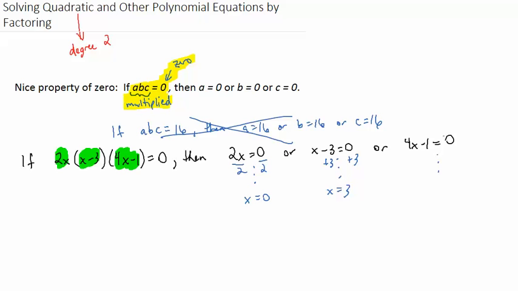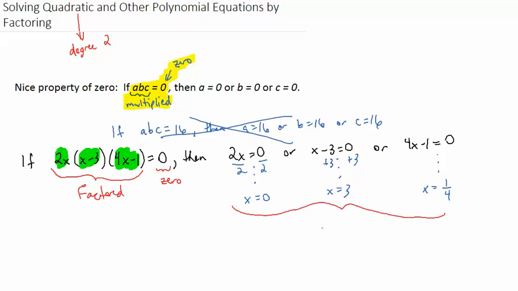And over here, you add 1 and then divide by 4, you get x equals 1/4. So you can start to see how this property of 0 helps us to solve equations. The key is that one side has to be factored, meaning all multiplication, and the other side has to be 0, and then we can conclude that one of those things has to be 0.